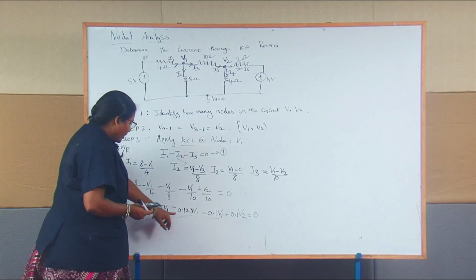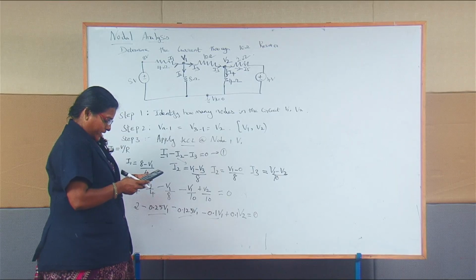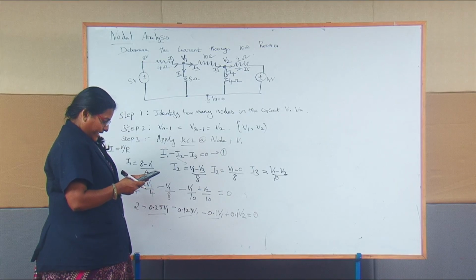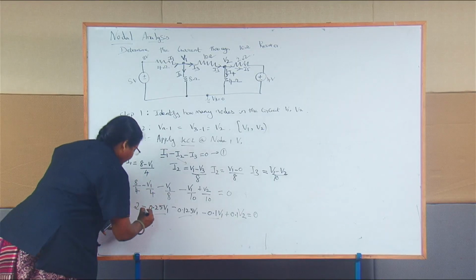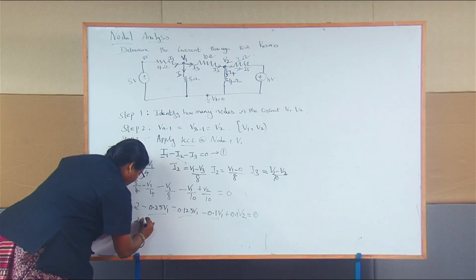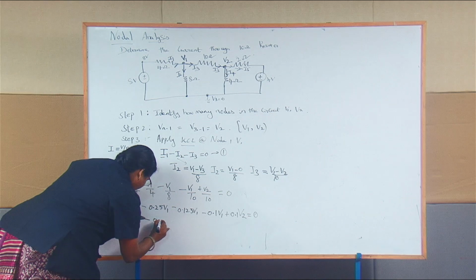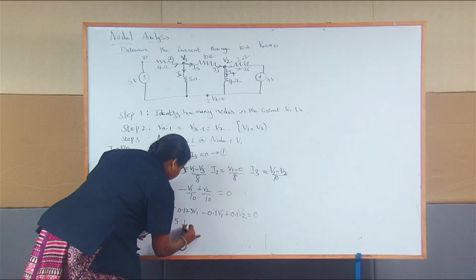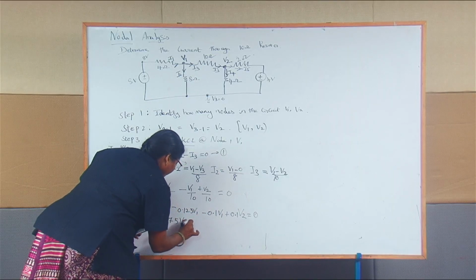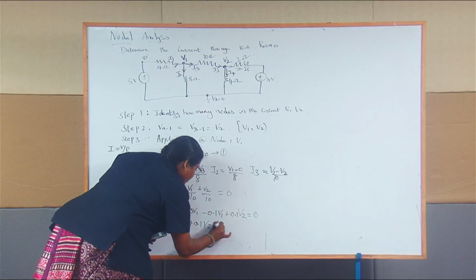So if you are adding all V1 voltage values, it will become minus 0.25 minus 0.125 minus 0.1, minus 0.475 V1. Then plus 0.1 V2 equal to 0.